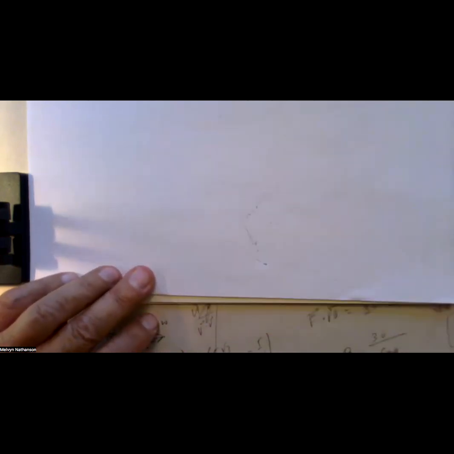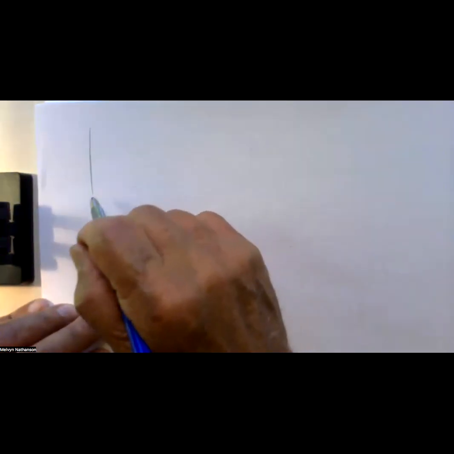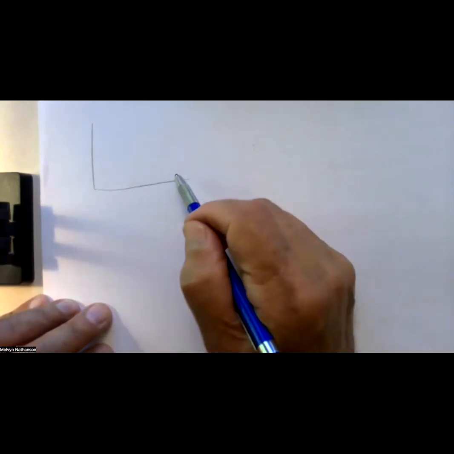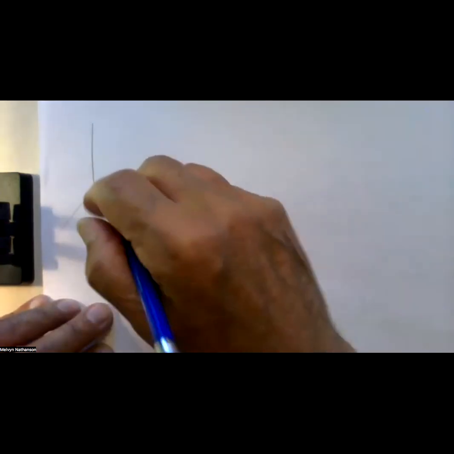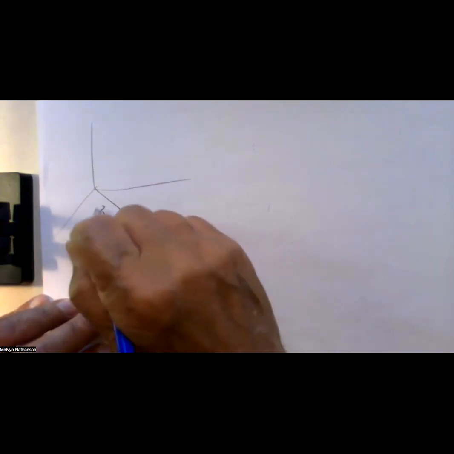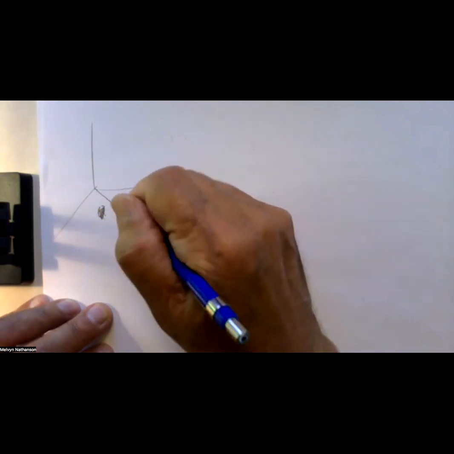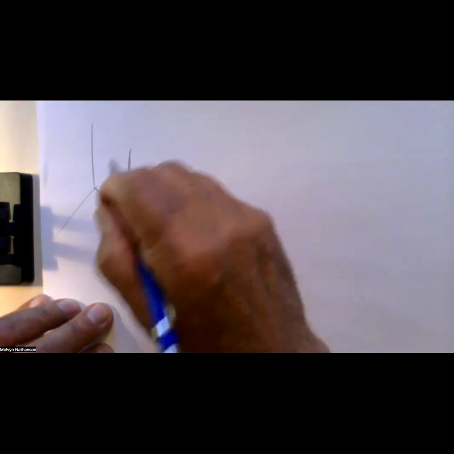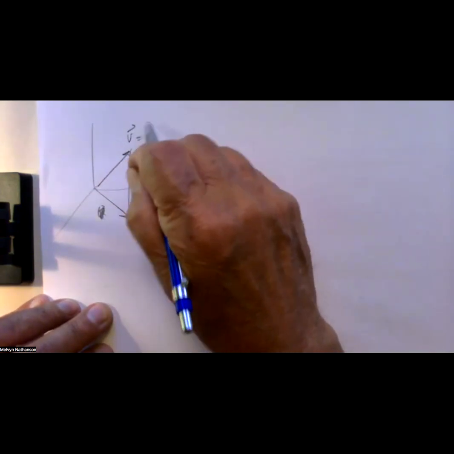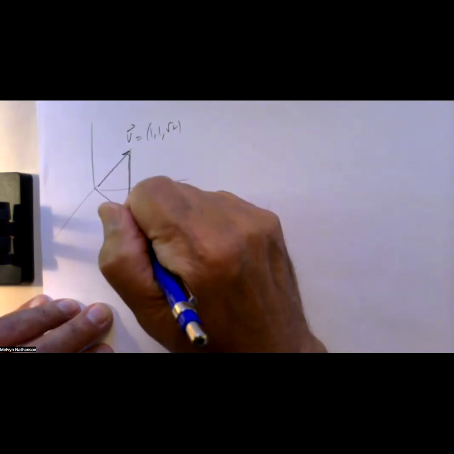So let me draw this again so there's a better picture. Here is my vector u, which is 1, 1, 0. And above it is the vector v, which is 1, 1, square root of 2. So this is directly above this.